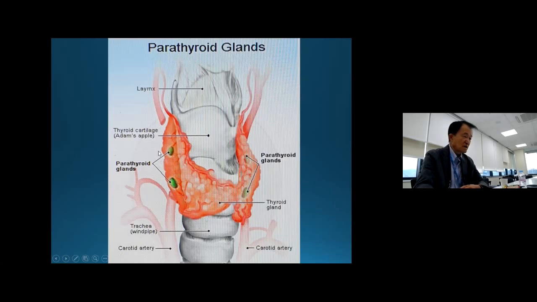But if we say superior, then they have to make a 5 centimeter vertical resection, because in the middle here, the recurrent laryngeal nerve runs. So if they cut it, then the patient will have permanent hoarseness.